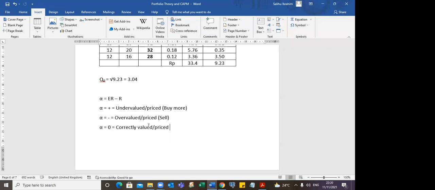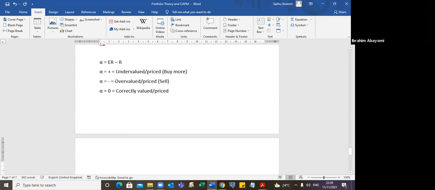So the question now is, for me to get the alpha value from what we discussed here, we said we need what? We said alpha is, okay, this is here, minus required return. I don't have a problem with expected return because we have already covered that.